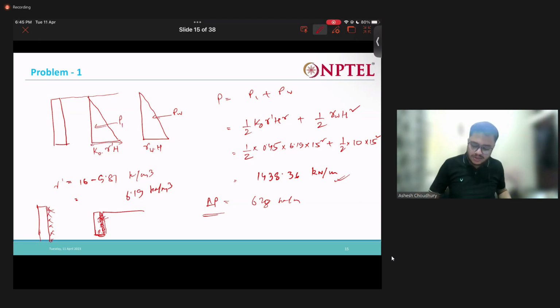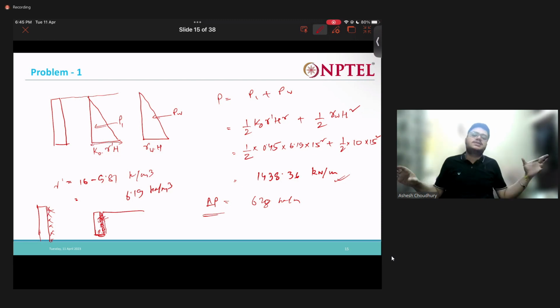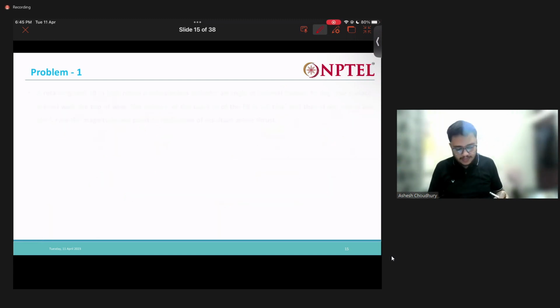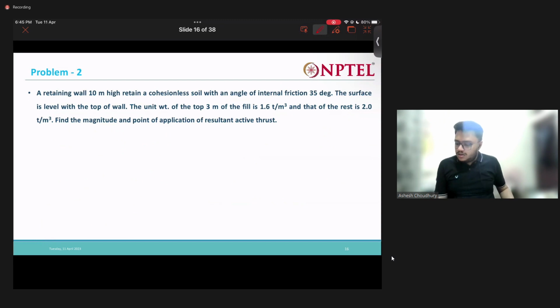So these things we can provide so that the water does not get stuck and gets drained out. If water gets stuck there, it creates a tremendous amount of lateral pressure. Let us see the next problem.